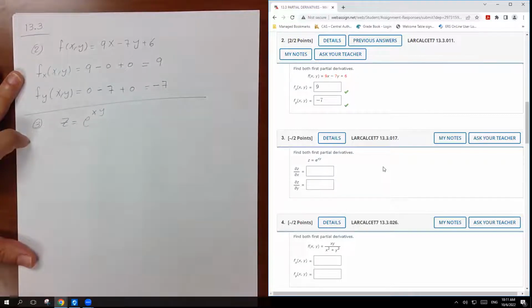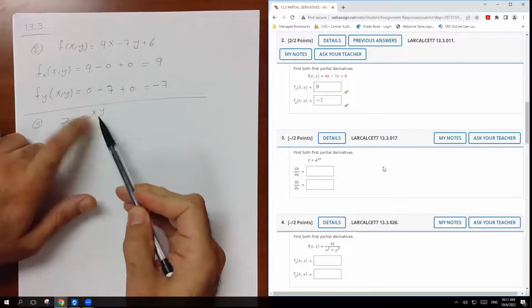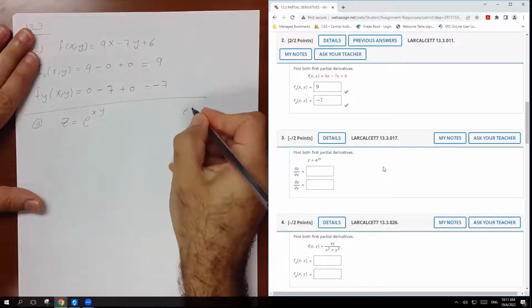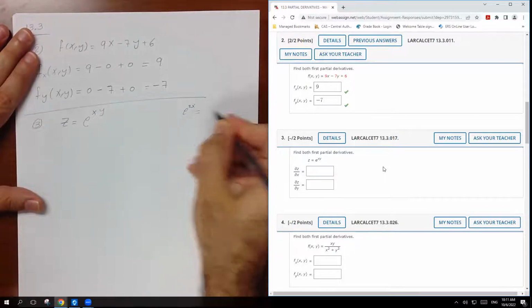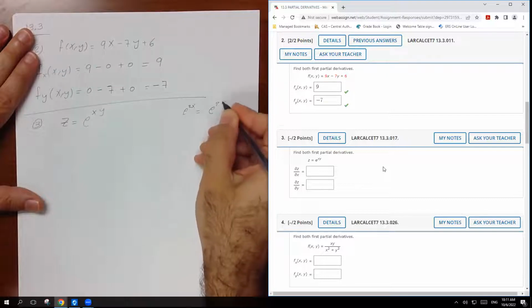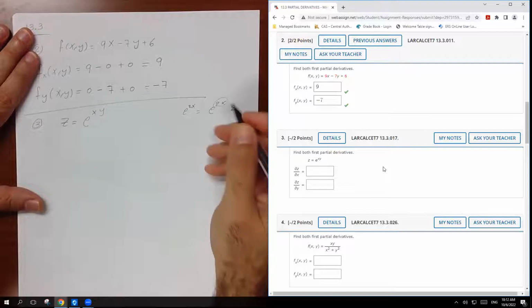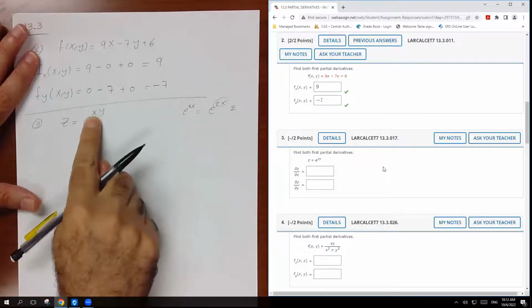So now to find the derivative for the exponential, it's going to be the same function times the derivative of the exponent. So let's say for e to the 2x, the derivative is e to the 2x times the derivative of the exponent, which is 2. Now, our function is e to the xy, the exponent is xy.